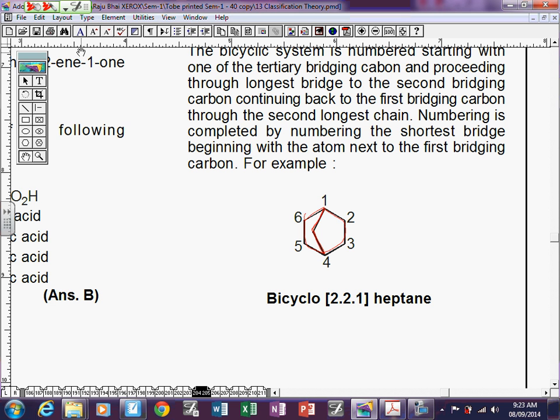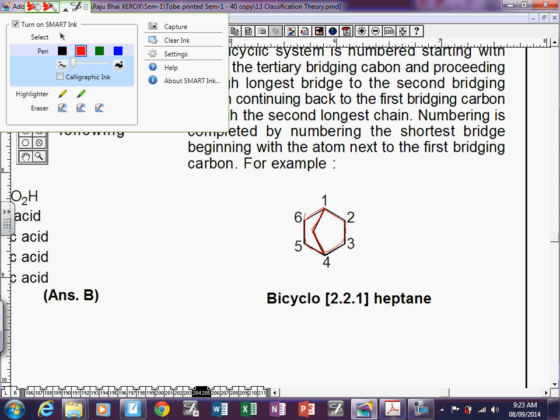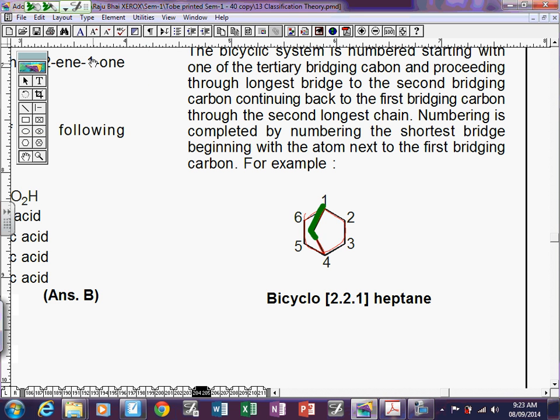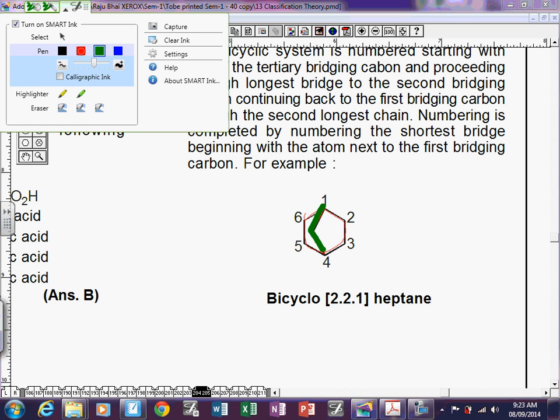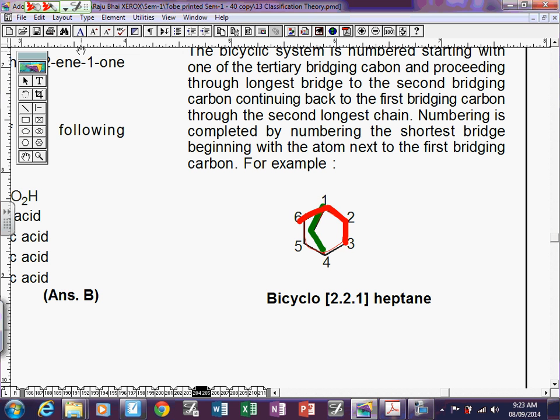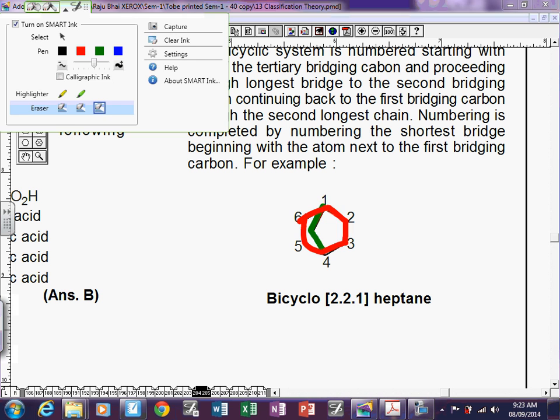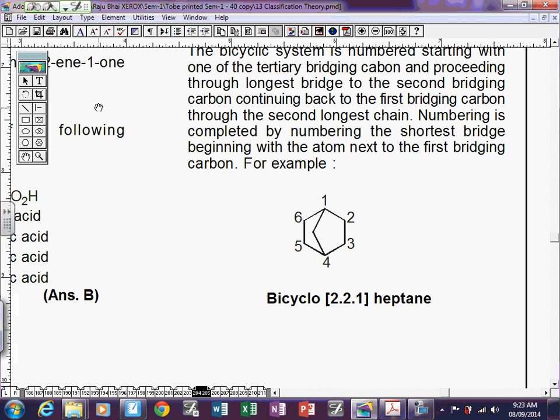It's called a bridged cycle. Why is it called a bridged cycle? Because this is acting like a bridge. What is the idea? It is a bridge. So that's why it's called a bridged cyclic compound.